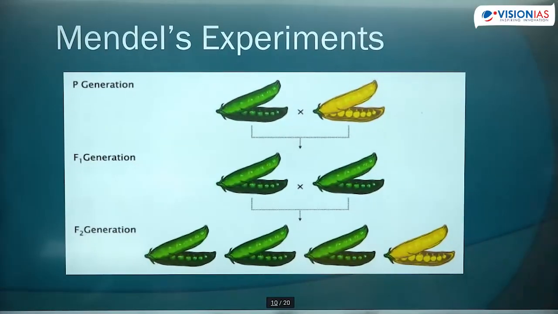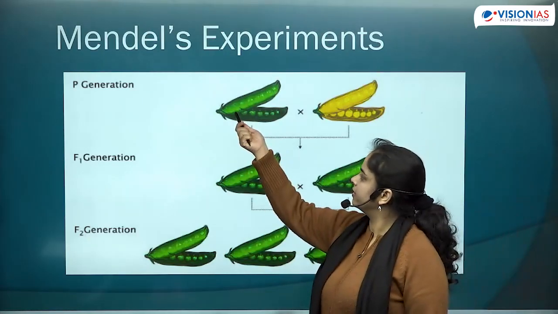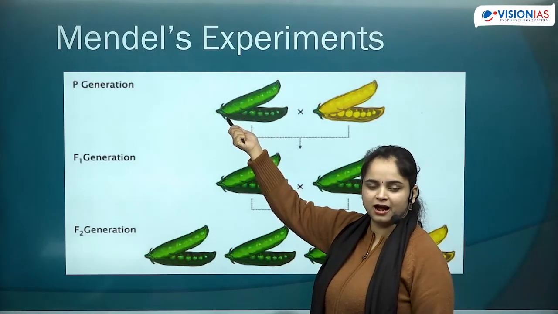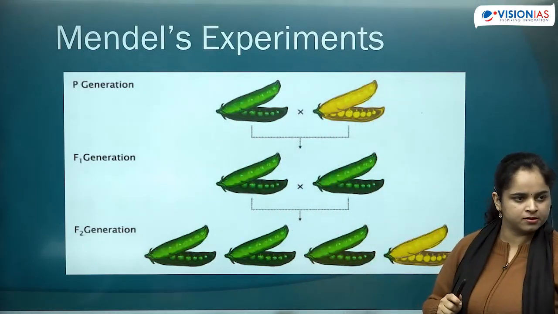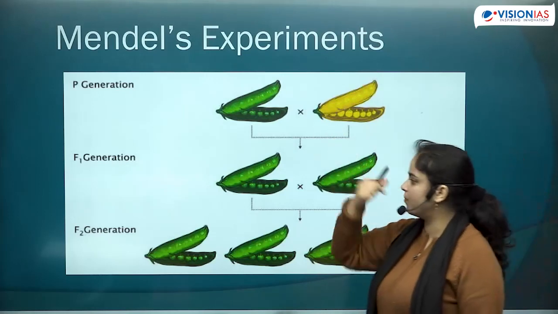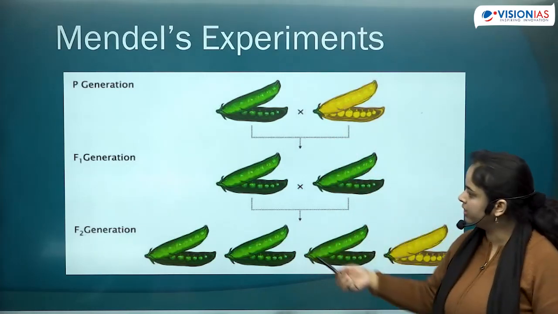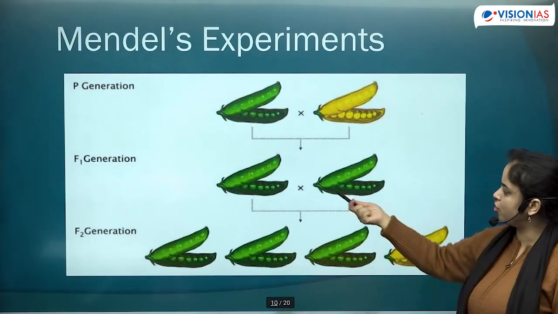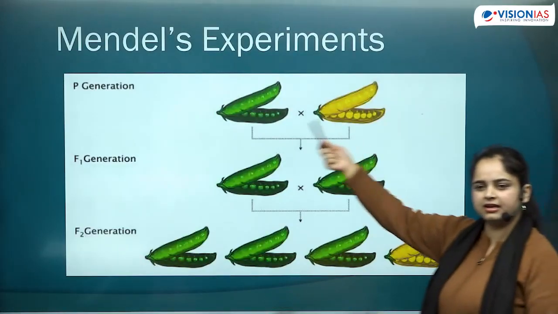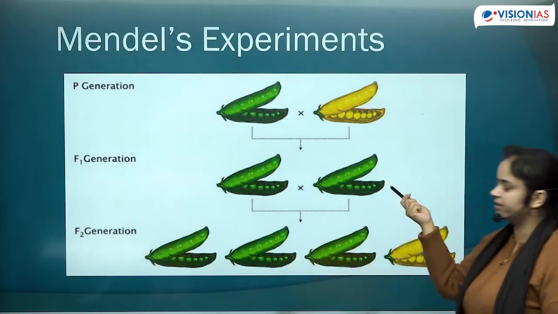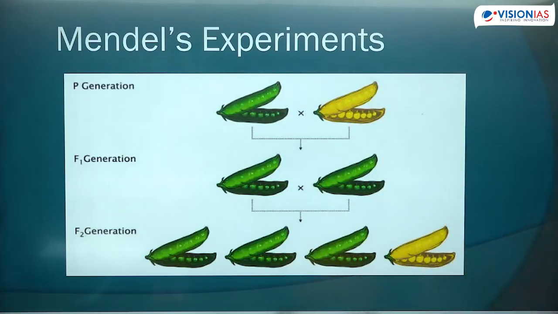This is the image of one of Mendel's experiments. What he did here was, he took a plant with green pod and another one with yellow pod. Then upon fertilization, he found that in the next generation, all the plants were green. अब parents हैं, एक green है, एक yellow है, but all their kids are green.